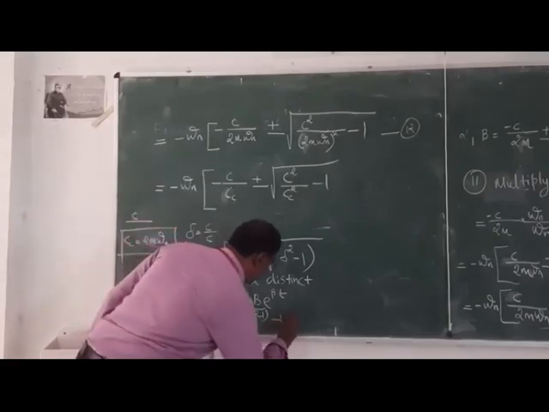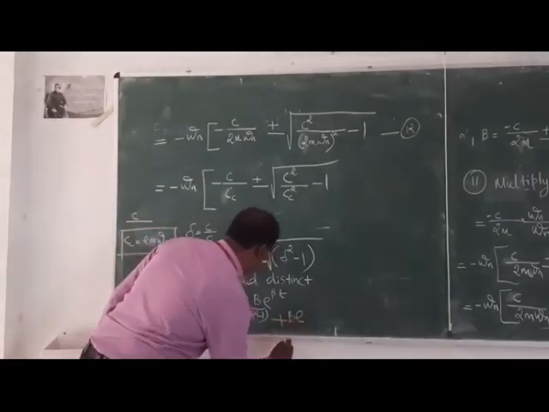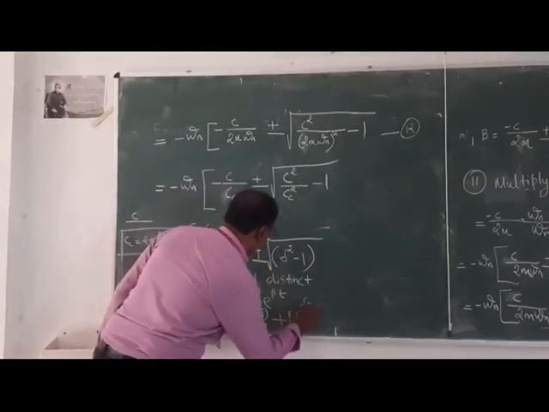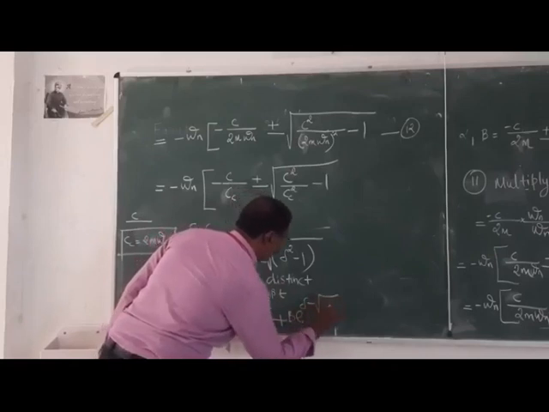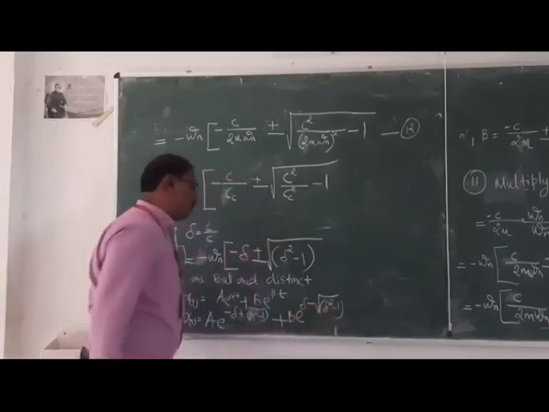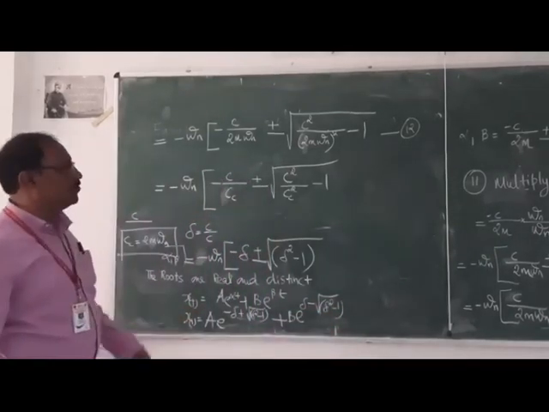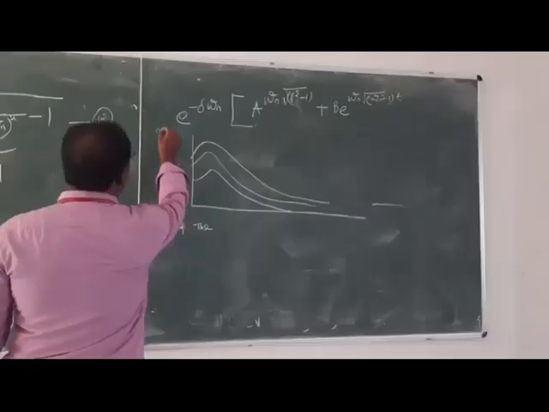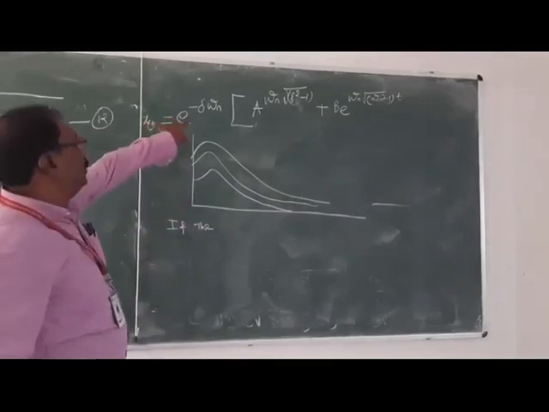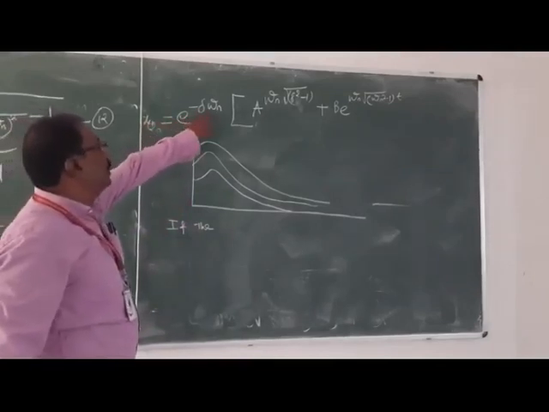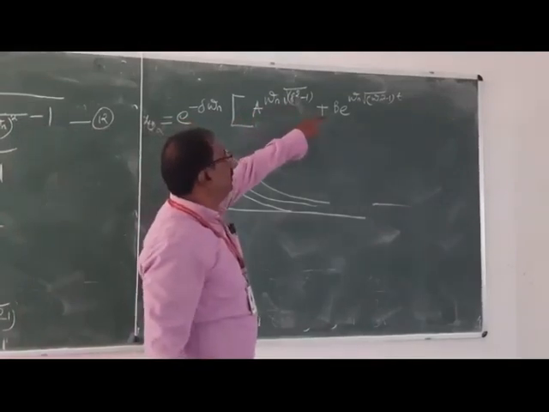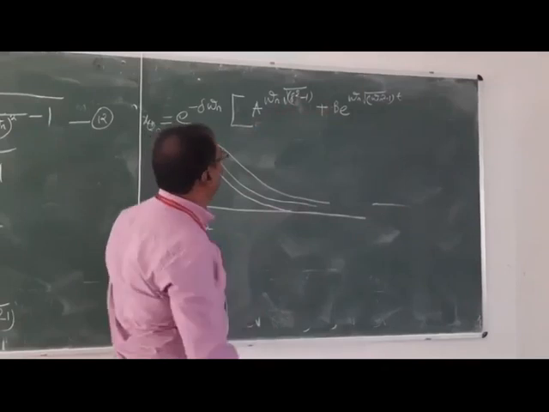Next, b is equal to e power beta, where beta is minus rho minus root of rho square minus 1. This is the equation for the overdamping. X of t we can write like this also.